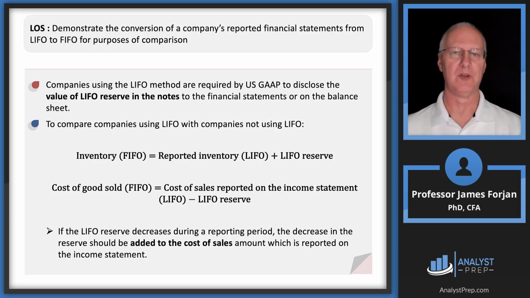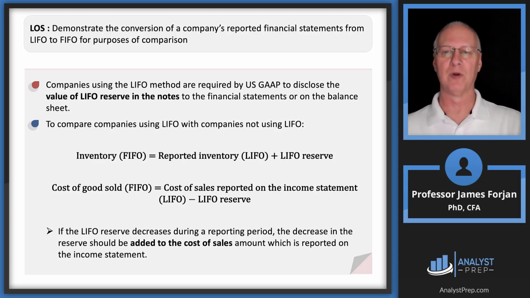And so what this is going to do is tell us, as good financial analysts, the difference between the value of inventory between these two methods. Because, let's go ahead and face it, suppose we're comparing two firms and one firm has an inventory of 100 and the other firm has an inventory of 50. Well, we may look and say, this one firm might be over inventoried. The other one might be under inventoried. And so we're trying to compare those two.